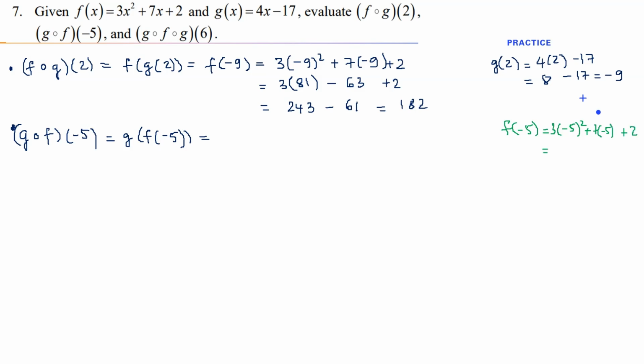That's 3 times 25 minus 35 plus 2. That's 75 minus 35 plus 2. That equals 42.